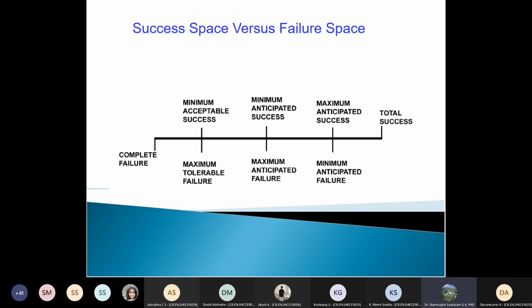Similarly, on the side of the success, you have a minimum or anticipated value of success, a minimum accepted success, and a maximum case of the anticipated success, which means it is likely to be successful on a potential basis in future. That is when you anticipate it. So that can be anywhere from a minimum to a maximum, be it for a failure case or a success case.